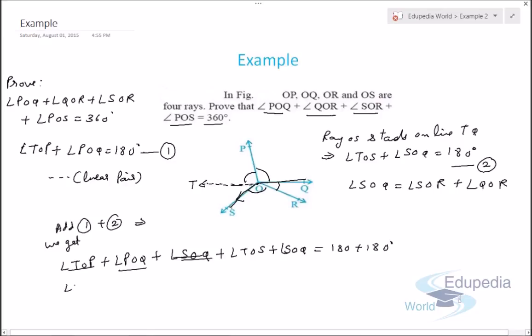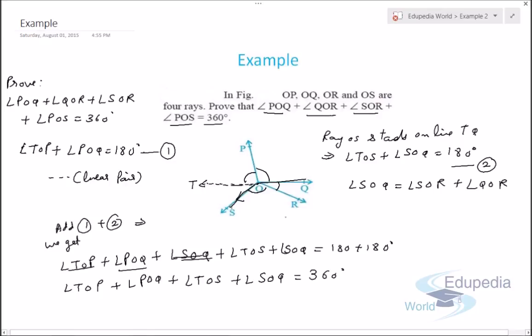So this becomes angle TOP plus angle POQ plus angle TOS plus angle SOQ equals 360 degrees.